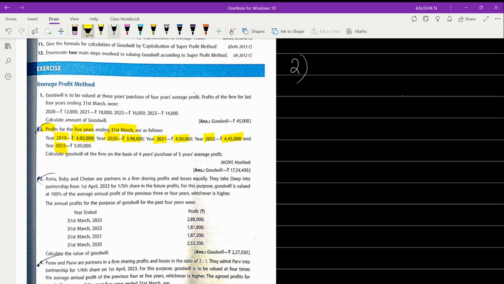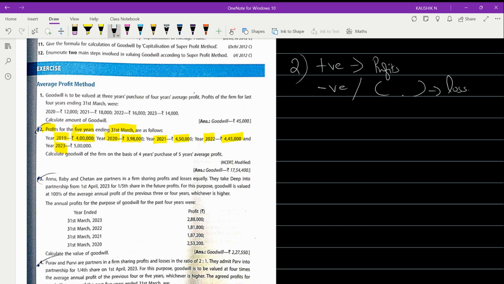There is no loss. So whenever you check out any problem, check it very carefully. If you have got positive values, then in all the years there is only profit. If you have a negative value, or if the values are mentioned within brackets, then that denotes a loss.